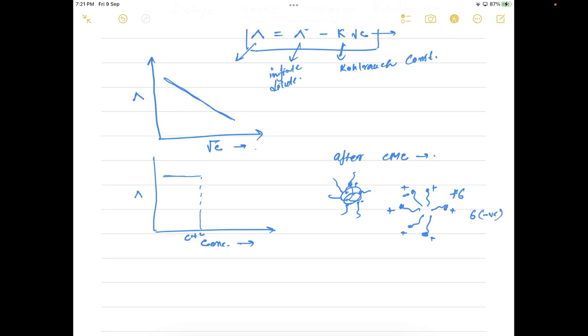So there will be 6 negatively charged anions. The total charged species here is 6 plus 1 micelle type structure, which is 7. Now before forming the micelle type structure, what will be the amount of charged species? 6 surfactant molecules with positive charge plus 6 negatively charged counter anions, so there will be a total of 12 charged species.